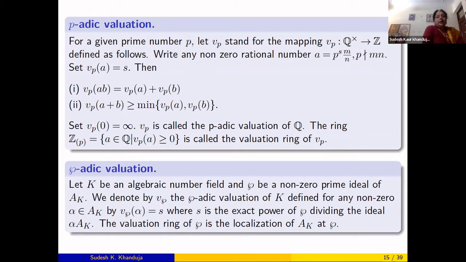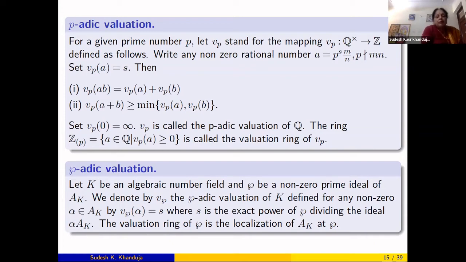Number theorists also use something called the curly P-adic valuation. Let K be an algebraic number field and curly P be a non-zero prime ideal of AK. Then we denote by V curly P the curly P-adic valuation of K, defined for any non-zero element alpha belonging to AK by V curly P of alpha equal to s, where s is the highest power of curly P dividing the ideal alpha AK.